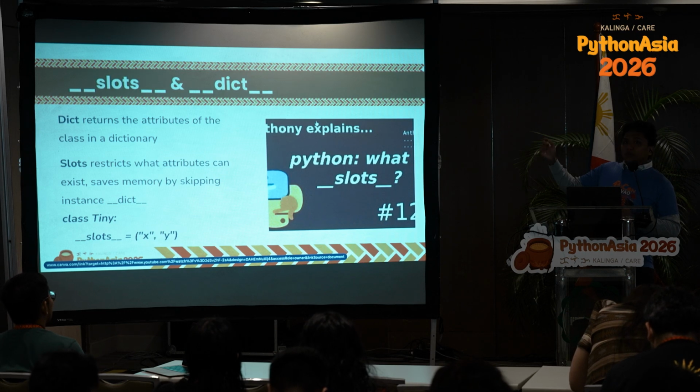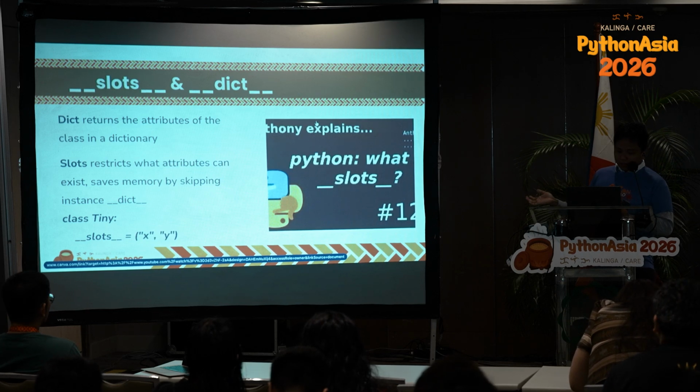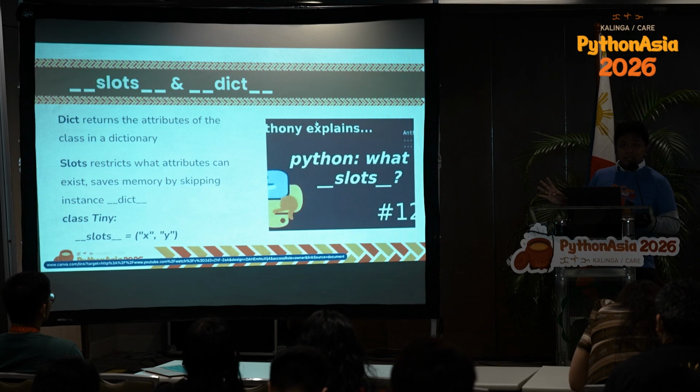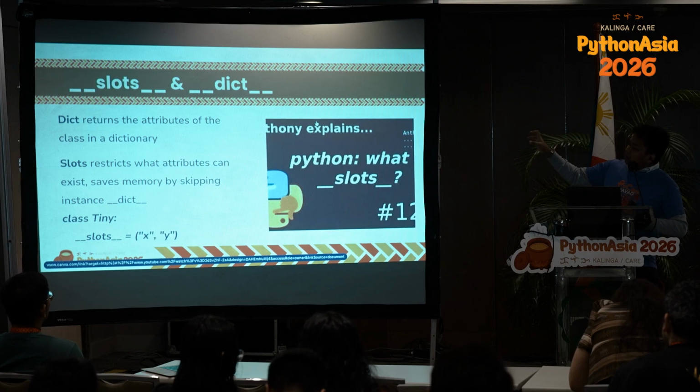To make it much faster, if you know what attributes you are defining right away and you will not be adding more later on, you can use slots. For dict, we are using a dictionary. For slots, we are using a tuple.